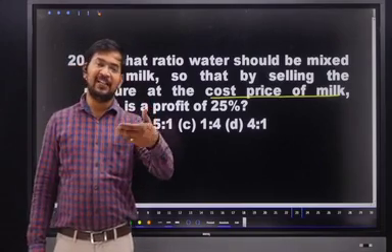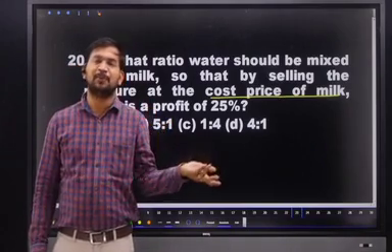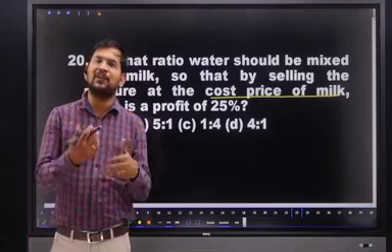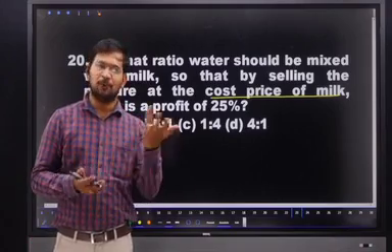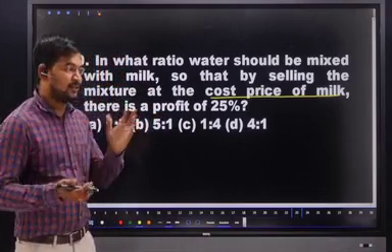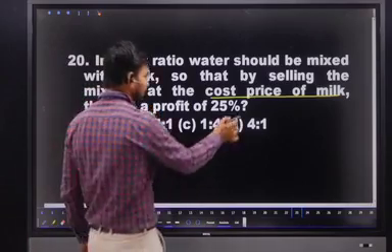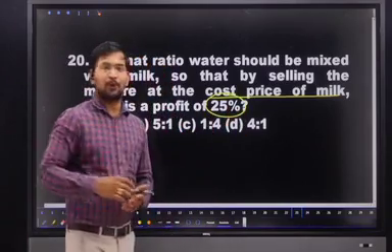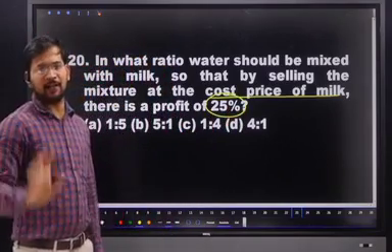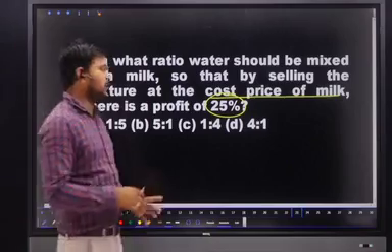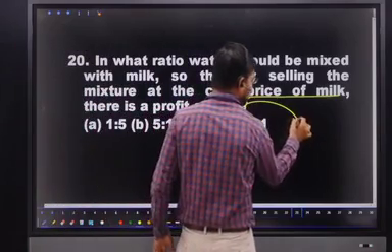Whenever he is selling the mixture at the cost price of the milk, in what way is he getting profit? With water only. So they are asking, in order to get 25% profit, in what ratio should water be added? 25% is nothing but 1 by 4.